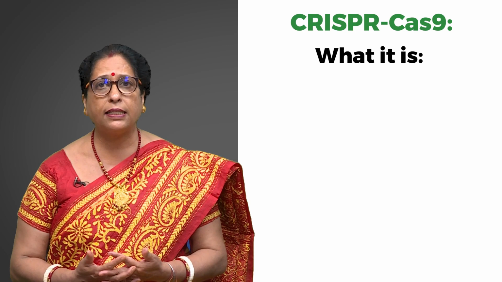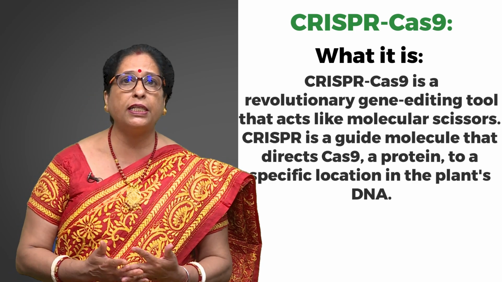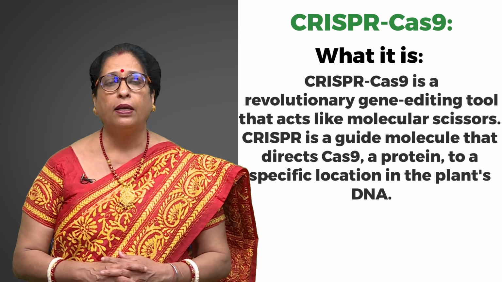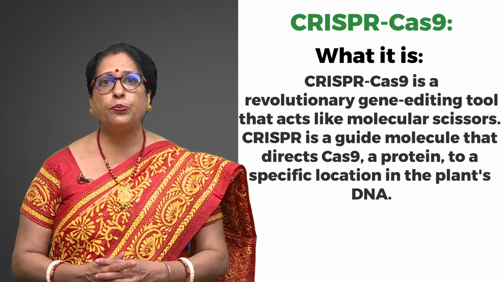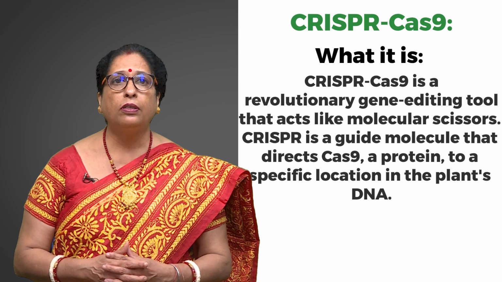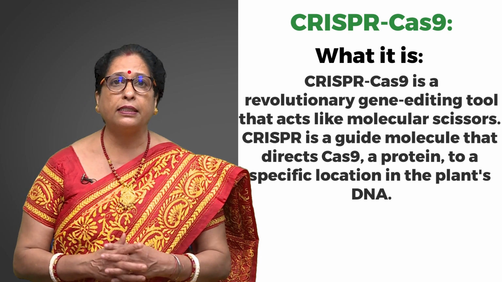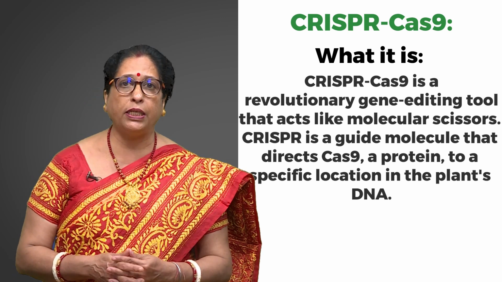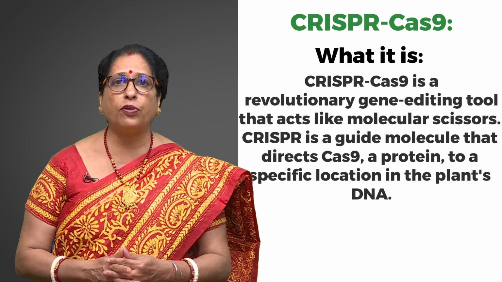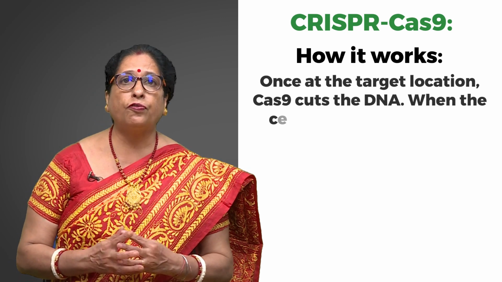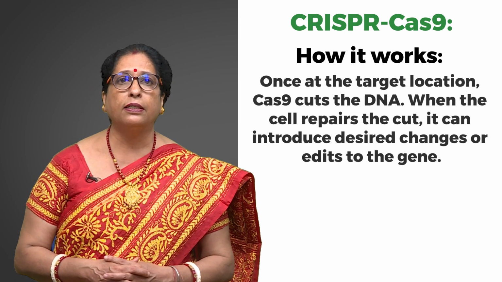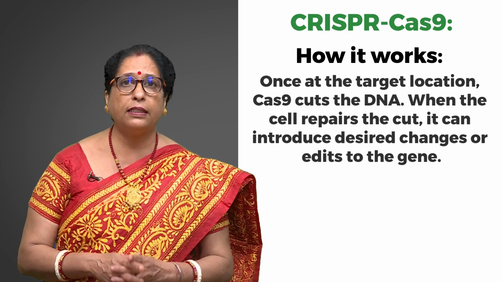What is CRISPR-Cas9? It is a revolutionary gene editing tool that acts like molecular scissors. CRISPR is a guide molecule that directs Cas9, a protein, to a specific location in the plant's DNA. If we see how it works, once at the target location, Cas9 cuts the DNA.